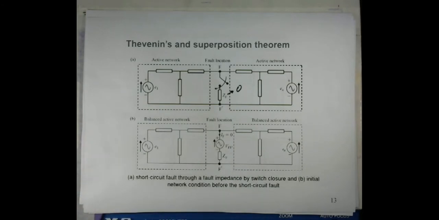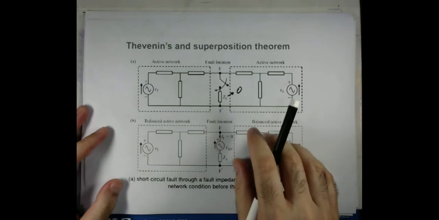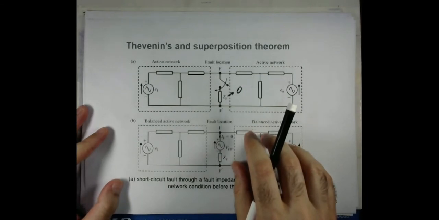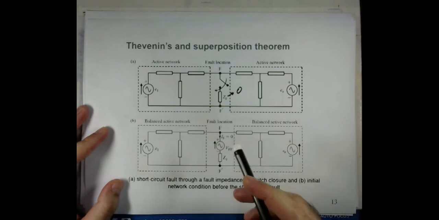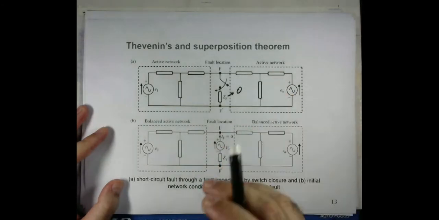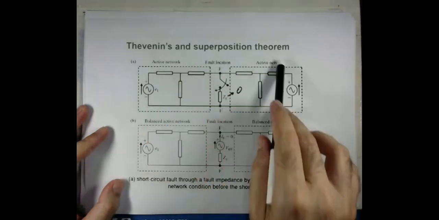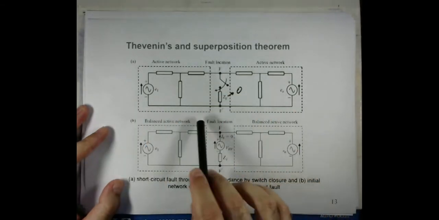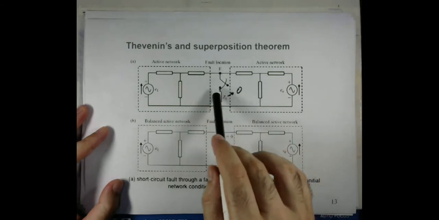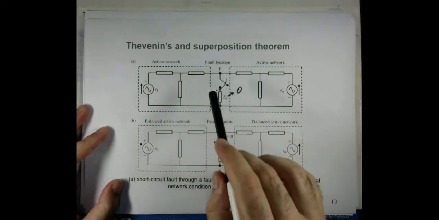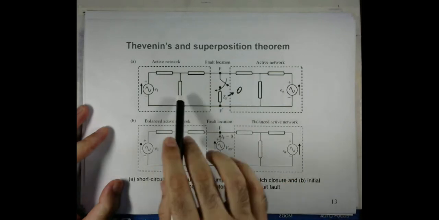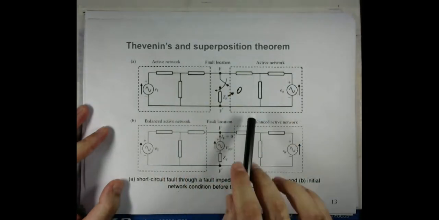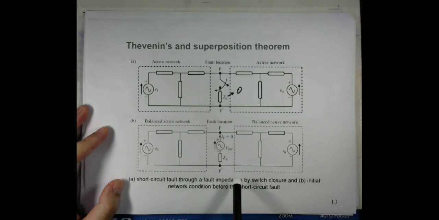Also, I mentioned that we will analyze the balanced types of fault using Thevenin's theorem, and this is the demonstration with the help of these different circuits. So let's say this is the circuit, and when there is a fault, obviously this switch will be closed. This circuit represents a fault through a fault impedance when the switch gets closed.